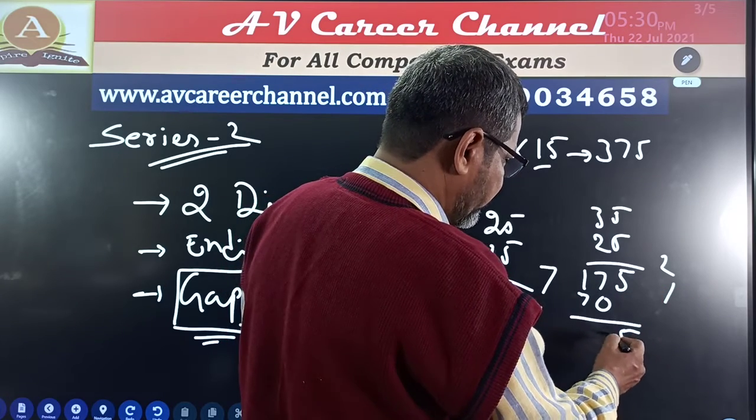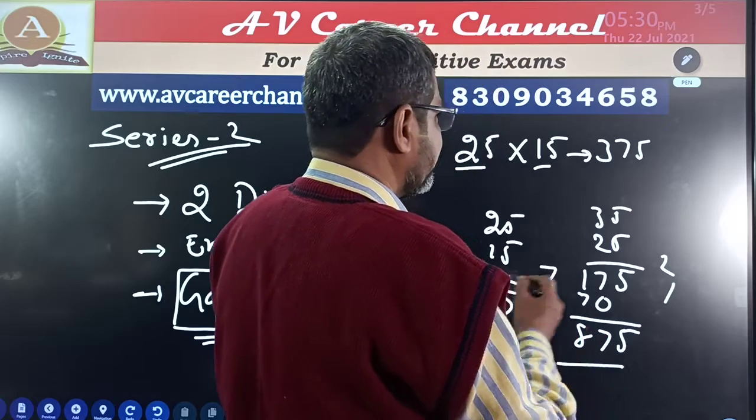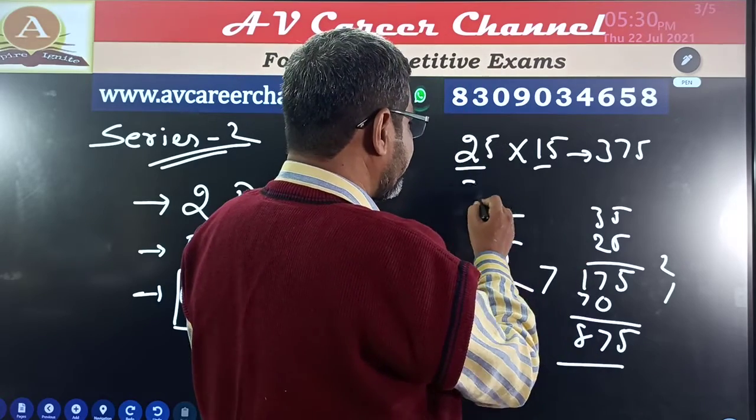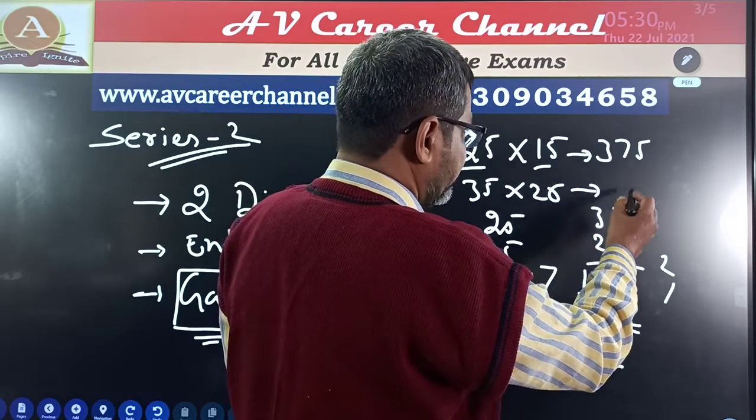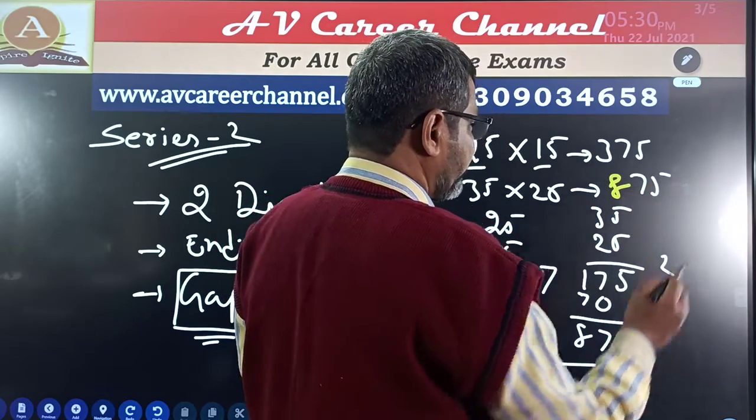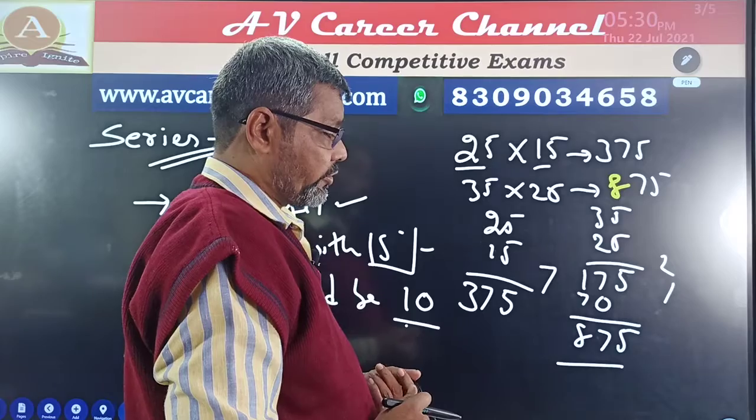So 875. So 35 into 25 is 875. That's the answer you got.